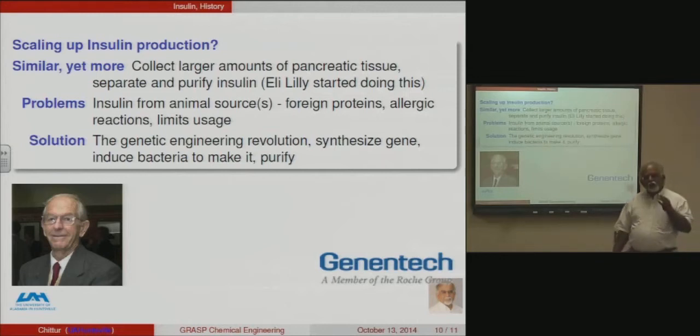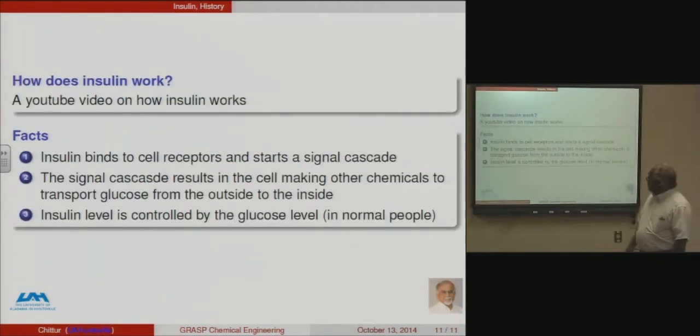He was the first to determine the sequence of the insulin protein, the insulin peptide, and he got a Nobel Prize for that. He got a Nobel Prize for another discovery years later on sequencing genes. So the genetic revolution is now making it possible to make insulin that does not have the nasty properties of insulin from cattle pancreas.